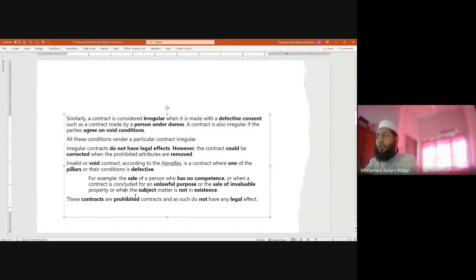As long as you don't know the price and you still do the contract, then it becomes fasid according to Hanafi. But according to Hanafi, they say it is fasid because there is a possibility that you might know the price. The moment you know the price, the fasid can become valid. The irregular can become valid.